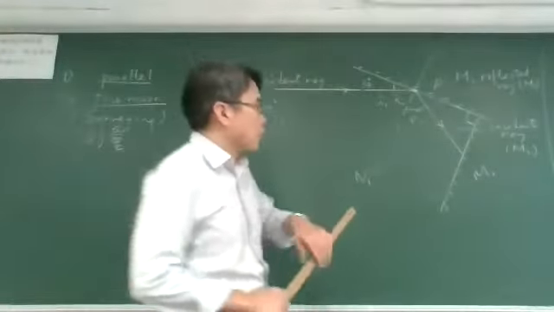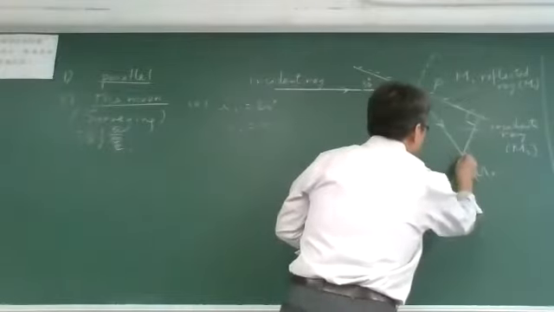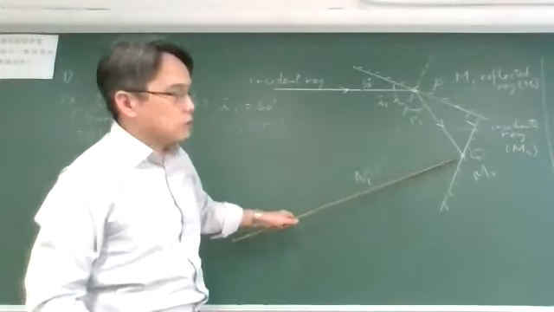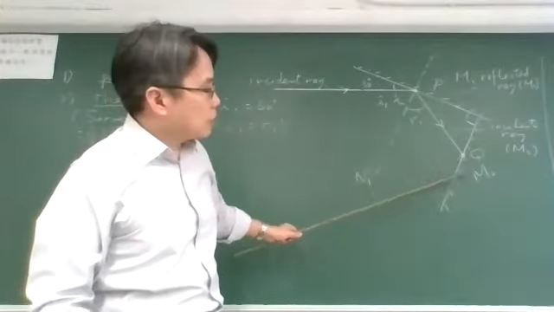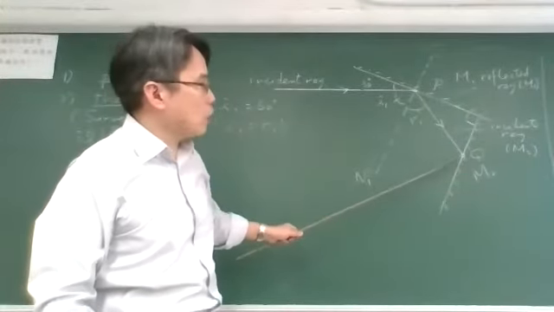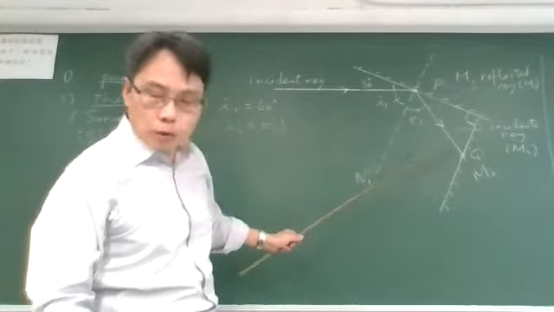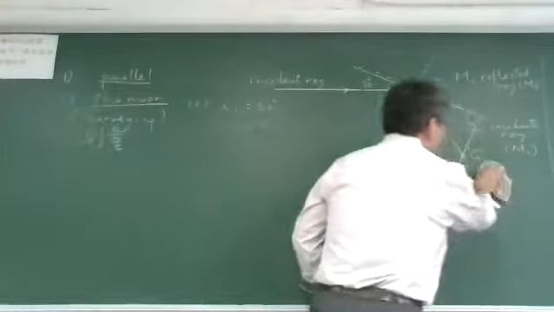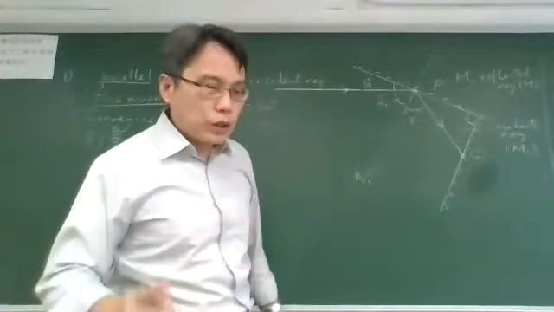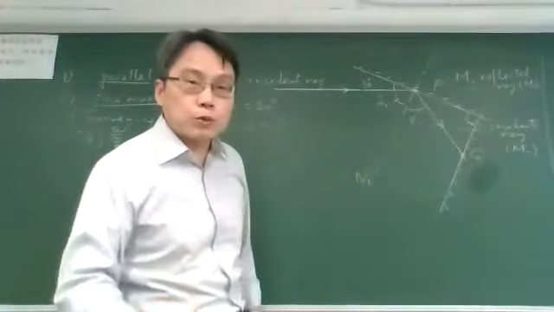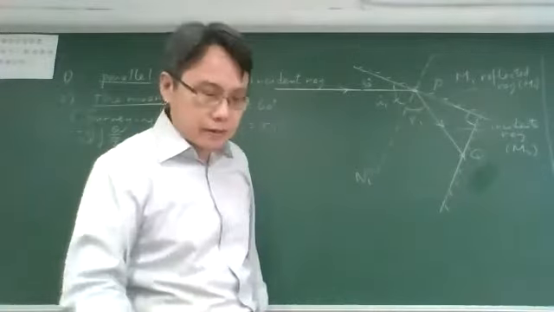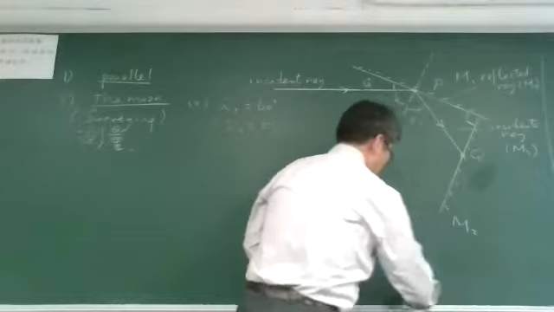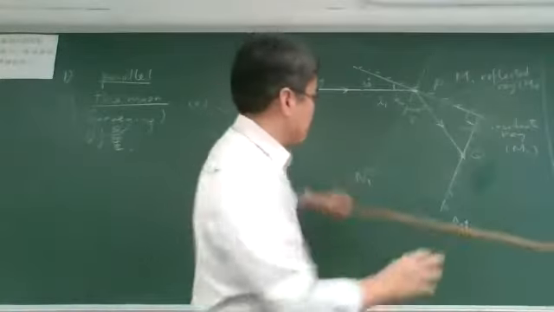Okay, so this is point of contact 2, I call it Q. At the point of contact on mirror 2, we will draw another normal, because according to laws of refraction, we need to draw the normal to find out the angle of incidence.